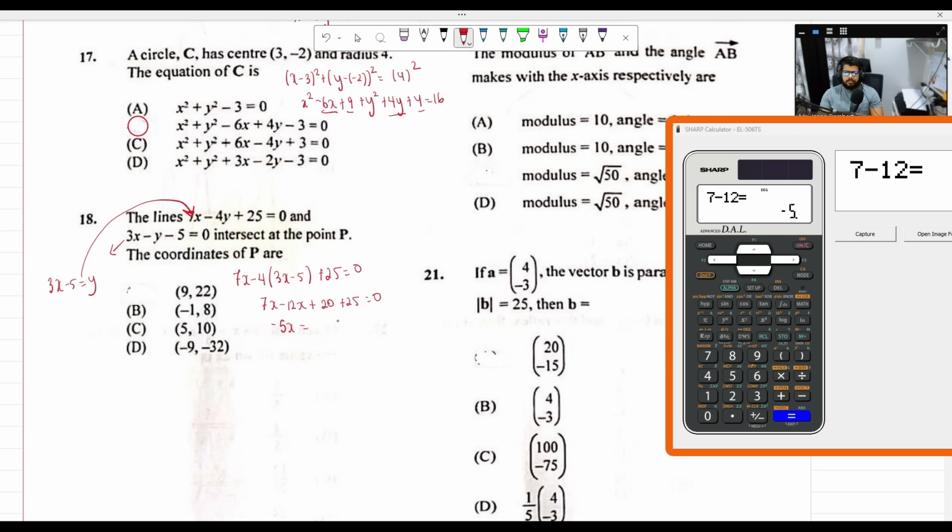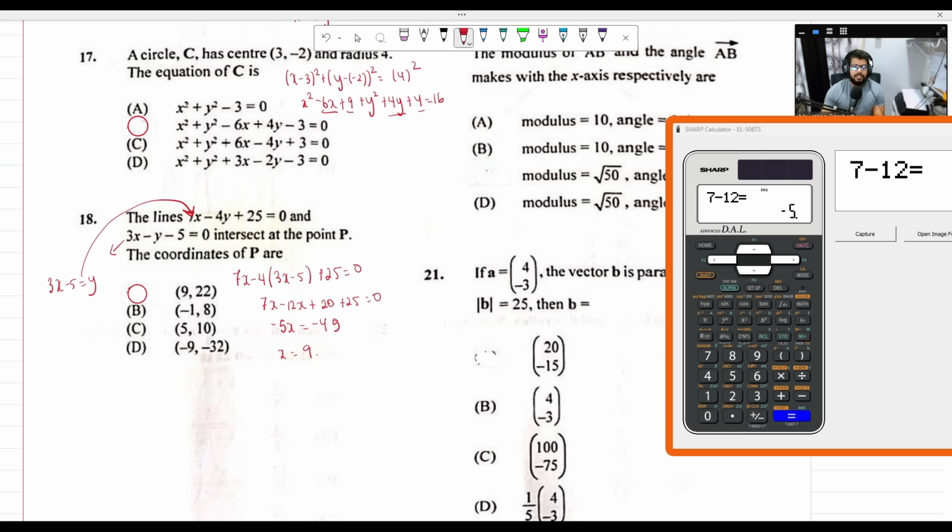Minus 5x is equal to, move the 45 on that side. Oops, minus 45, sorry. And x is going to be positive 9. The only answer that has x as positive 9 is going to be the option A.